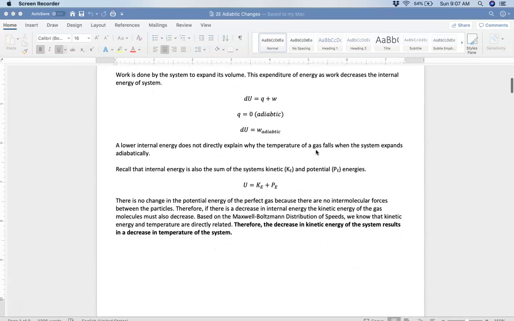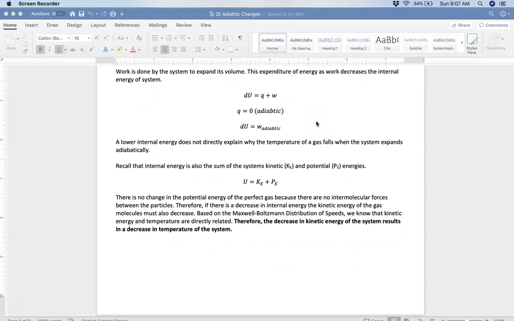So we've observed that phenomenon. Let's see if we can rationalize it using some of the equations that we have, starting from the first law of thermodynamics, where we know the change in internal energy is equal to any heat gained or lost by the system plus any work done by or on the system.